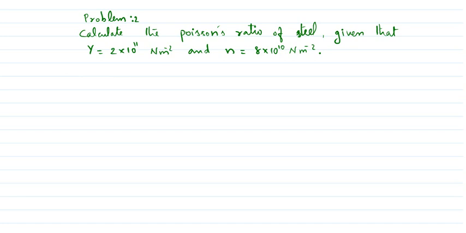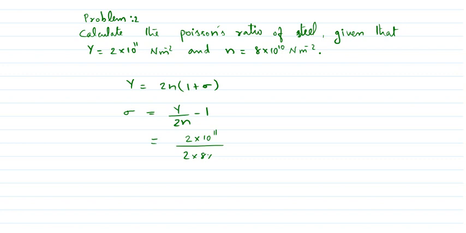From the equation Y equals 2n into 1 plus sigma, we get the equation for sigma as Y by 2n minus 1, and here the values for Y and n are given, so we can write it here. 2 into 10 to the power 11 divided by 2 into 8 into 10 to the power 10, minus 1, will be equal to 1.25 minus 1, that is 0.25. So this is the value for sigma.